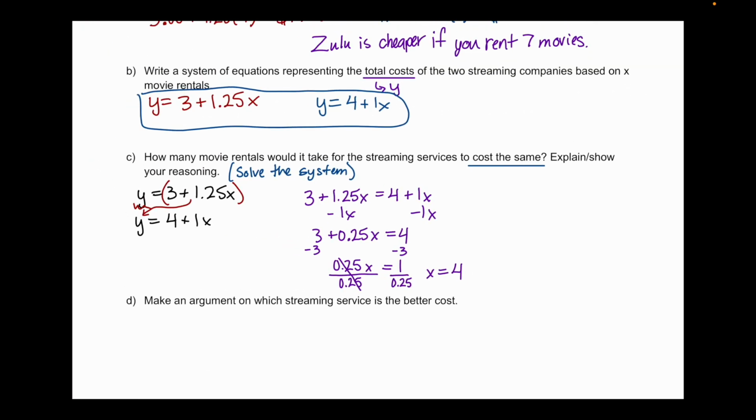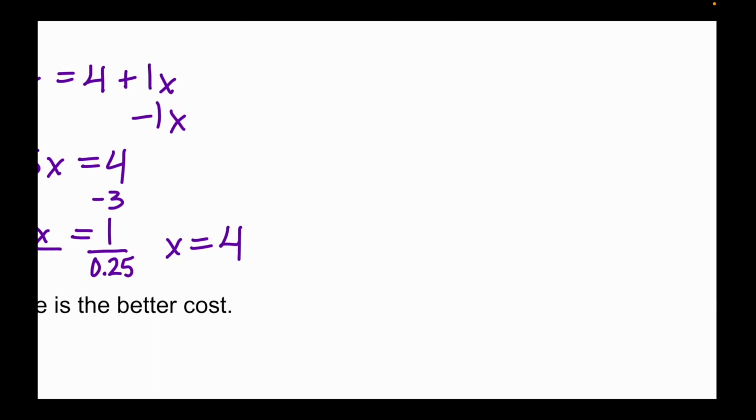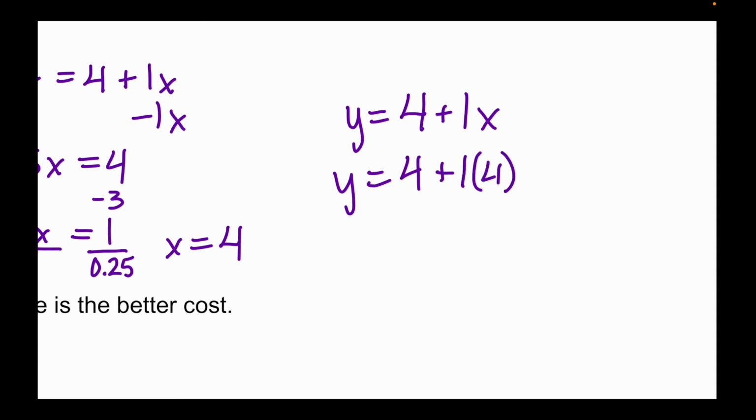Now, this is the number of movies, but I also want to find the cost. So if x is 4, one of my original equations was y equals 4 plus 1x. So y is equal to 4 plus 1 times 4.